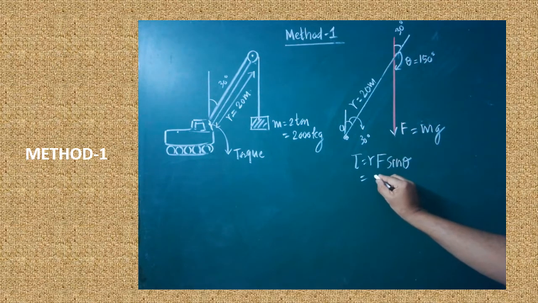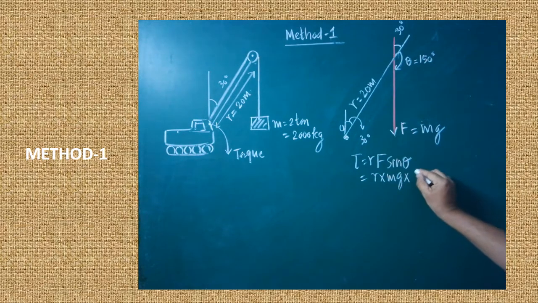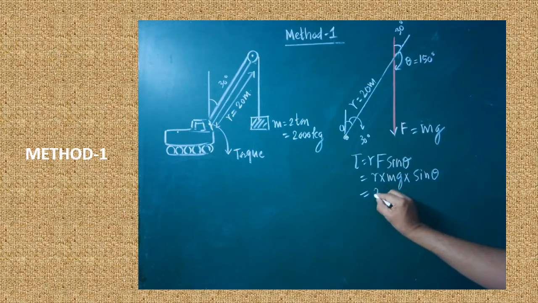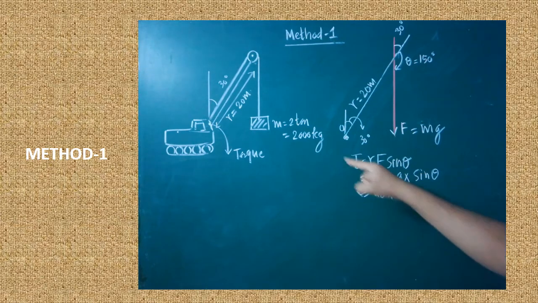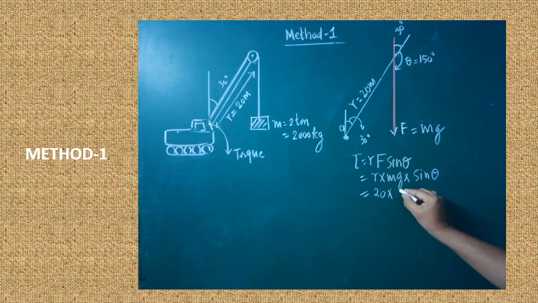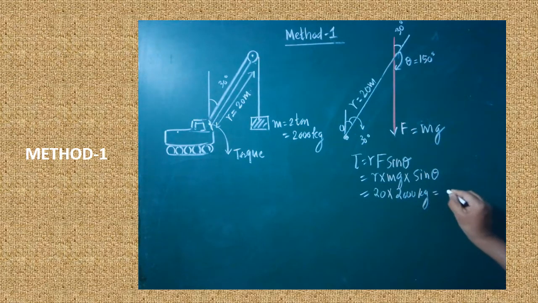Substitute here. R into force can be calculated by mg, the gravitational force, and sin theta. Theta is known here. The R value is 20 meter and the mass is 2 ton. 2 ton is equivalent to 2000 kg, since 1 ton is equal to 1000 kg. So 2000 kg into sin 150 degree must be substituted.